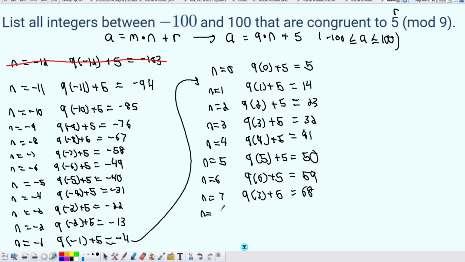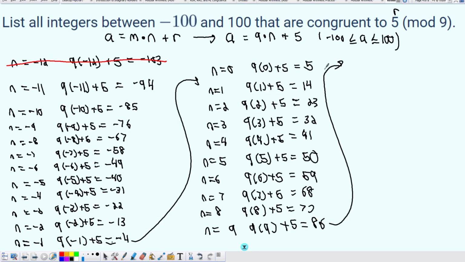N is equal to 8. So 9 times 8 plus 5 is equal to 77. N is equal to 9. So 9 times 9 plus 5 is equal to 86.